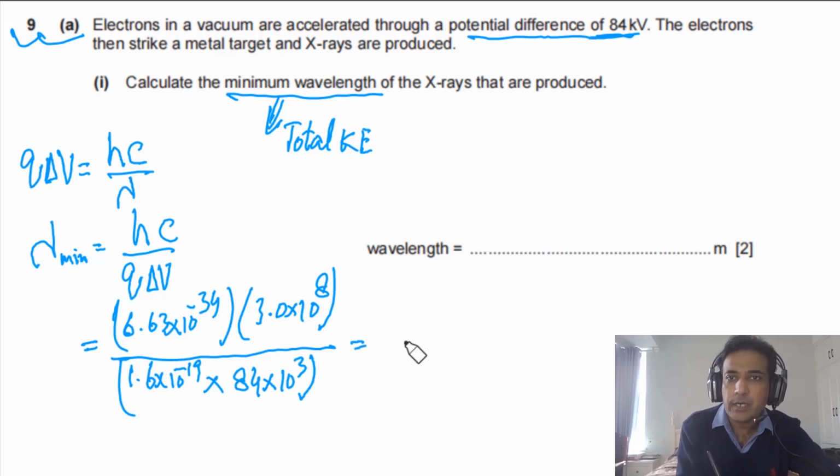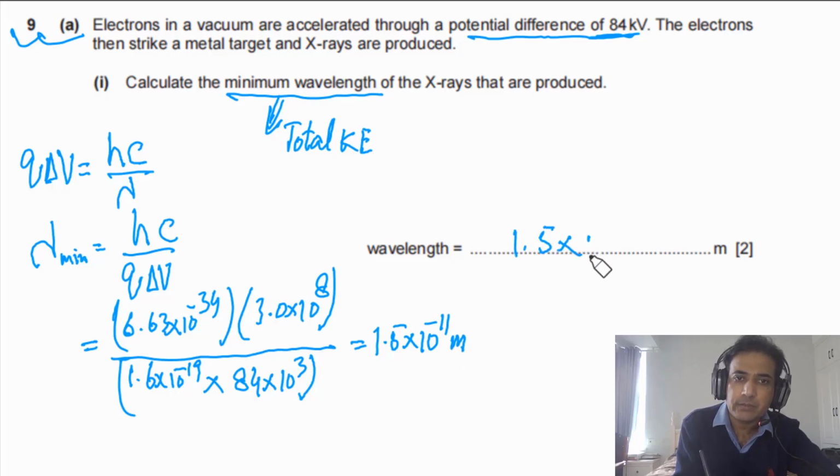Now if we simplify, we will get 1.5 times 10 to the minus 11 meters. So this is the minimum wavelength. If you have done this, you will get 2 marks for this question.